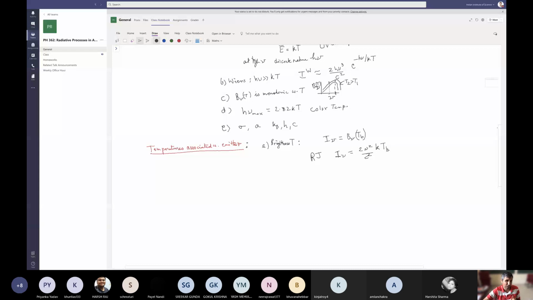But you have to be careful: brightness temperature is not the same as the temperature of the black body. And this brightness temperature can be associated even with a non-black body emitter. It's very frequently used in radio astronomy, because the radio emission is generally in the Rayleigh-Jeans limit.